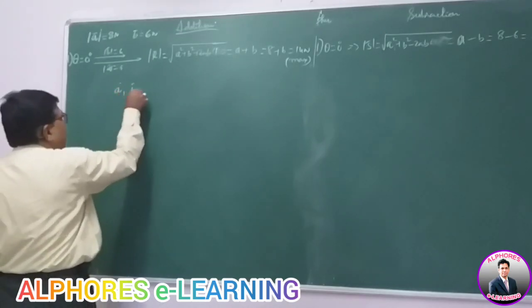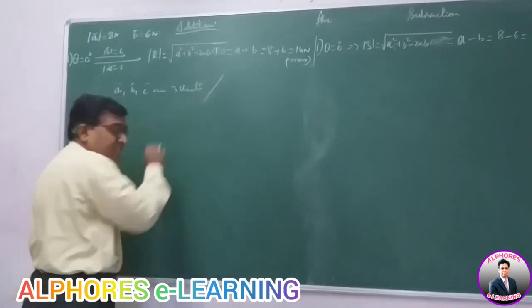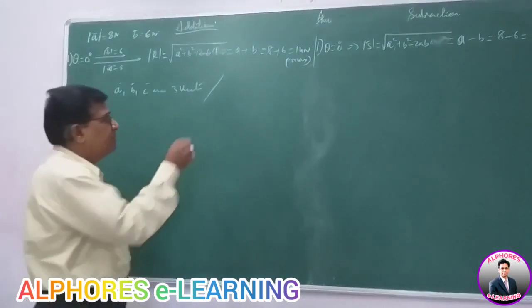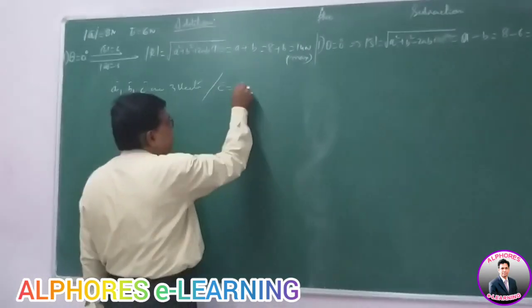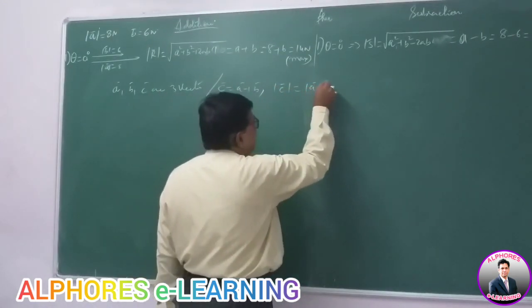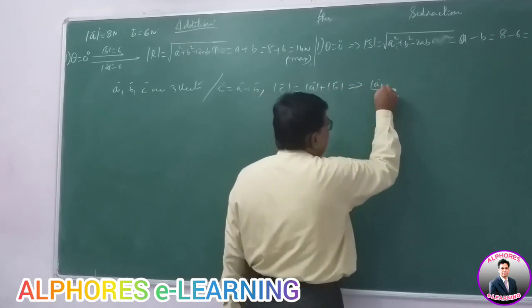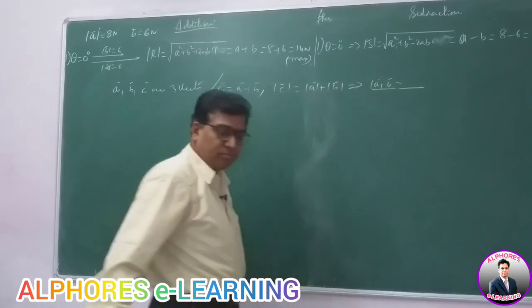A bar, B bar, C bar are three vectors such that the question is given in vector form: C bar is A bar plus B bar, and mod C is mod A plus mod B. Then what is the angle between A and B?